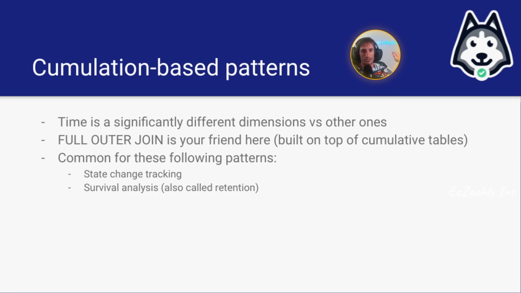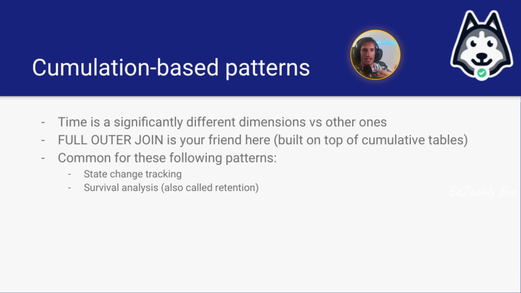If there's no data, you just ignore it and it doesn't matter. But in accumulation-based patterns, no data is data, because the fact that they didn't do something means that we want to keep track of that. The non-existence of data is something else that we want to keep track of. So that's a big thing as we go through this. I think that will make more sense as this presentation goes on.